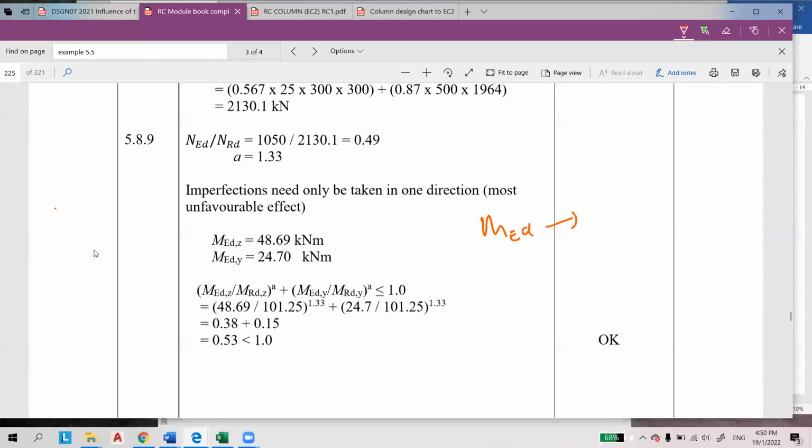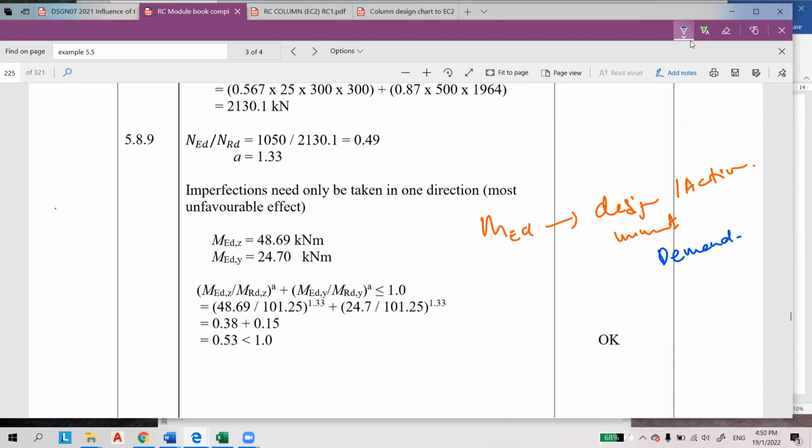MEd means the design moment, or the action from the loading, or in simple words, the demand.